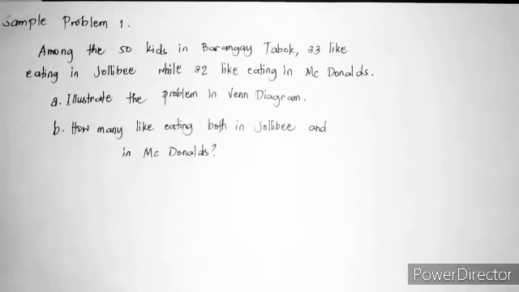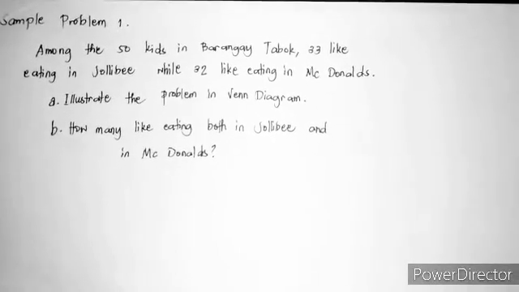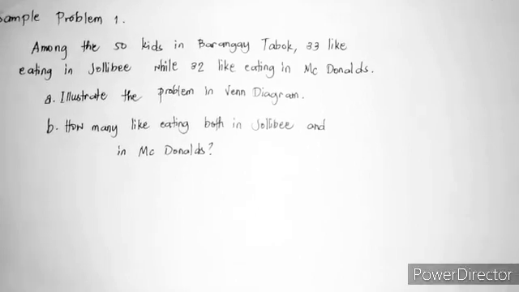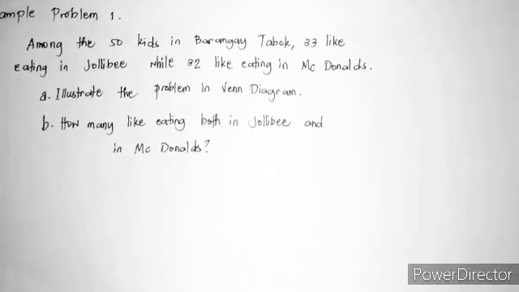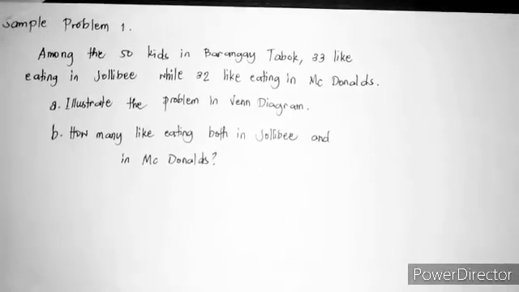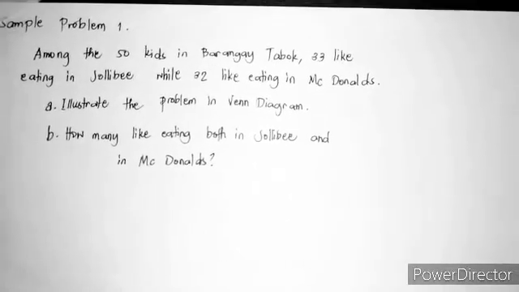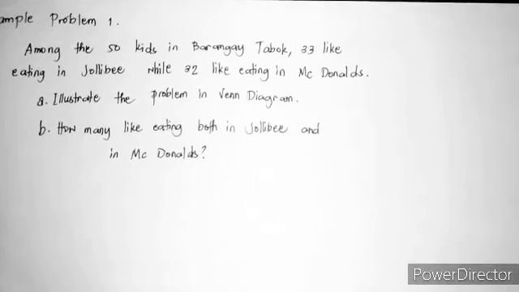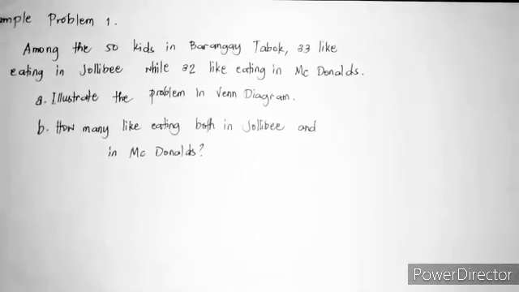Sample problem number 1. Among the 50 kids in Barangay Tabuk, 33 like eating in Jollibee while 32 like eating in McDonald's. The two questions are: first, illustrate the problem in a Venn diagram. Second, how many like eating both in Jollibee and in McDonald's?